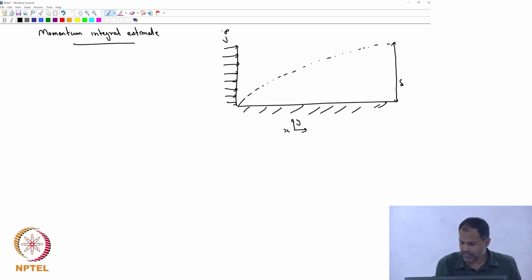I am going to consider a streamline that is going to reach this point. Okay, so that's going to reach this point. Let's say that is a streamline.